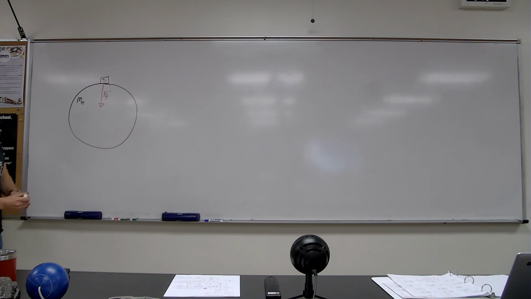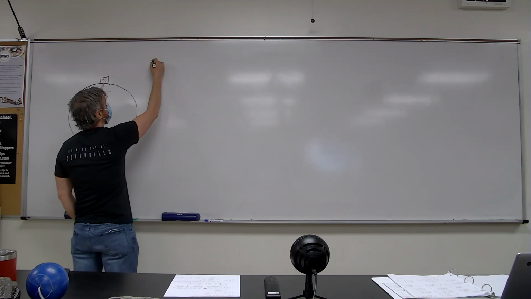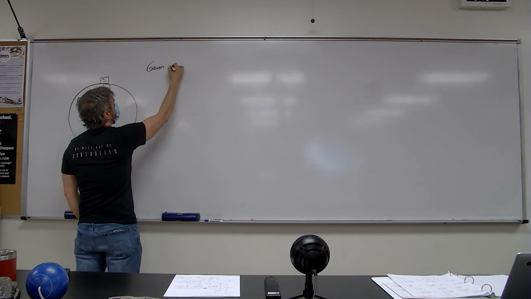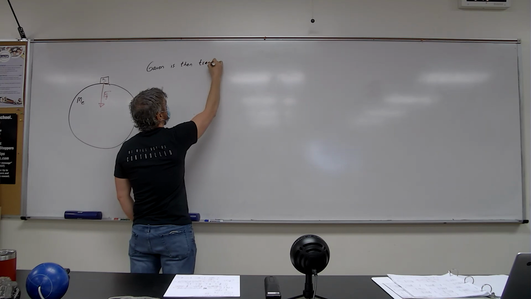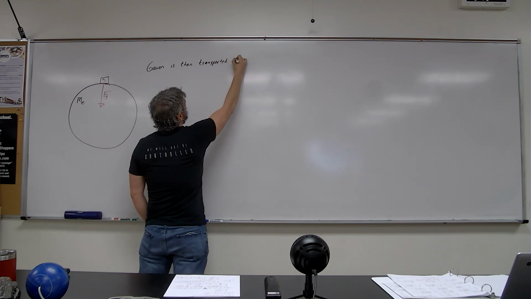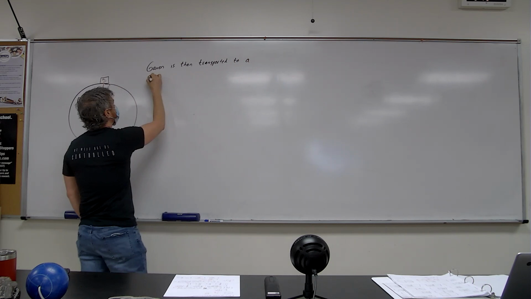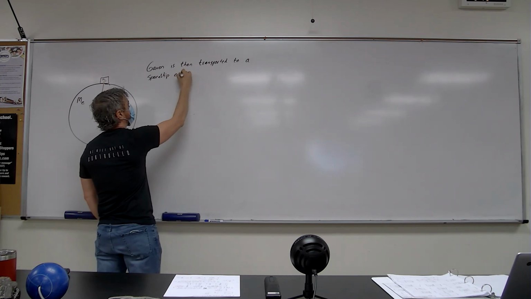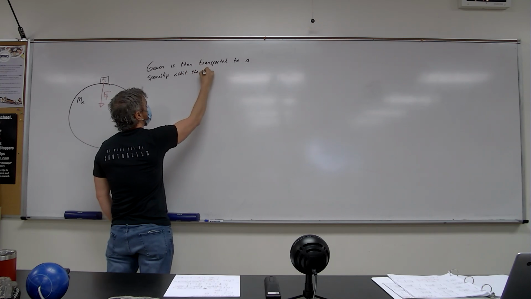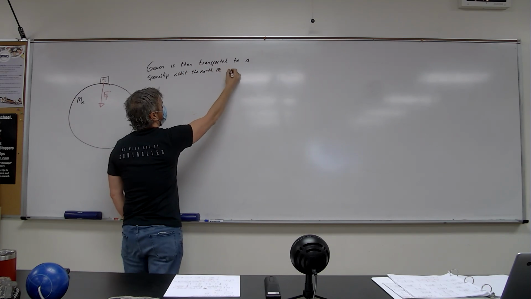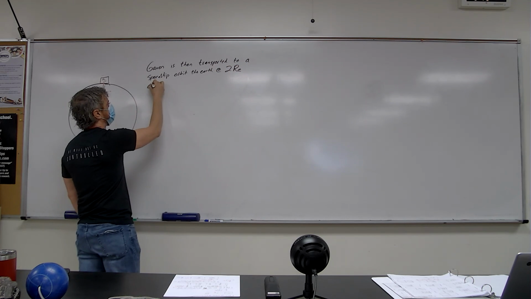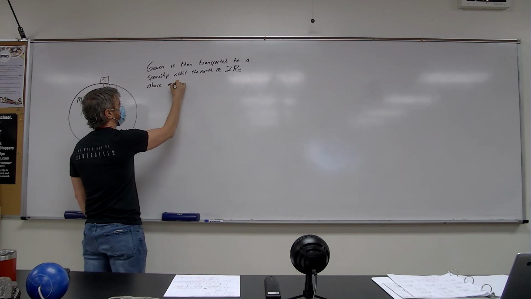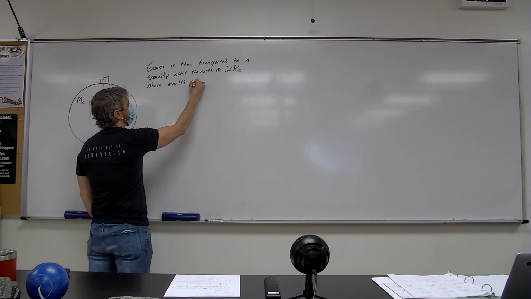Okay. So let's say that Gavin is then transported to a spaceship orbiting the Earth at 2 times the Earth's radii above the Earth's surface.